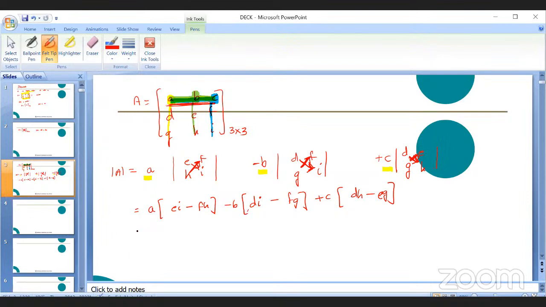And now, when you multiply, what will you have? AEI minus AFH minus BDI plus BFG plus CDH minus CEG. This is the determinant of a 3 by 3 matrix.